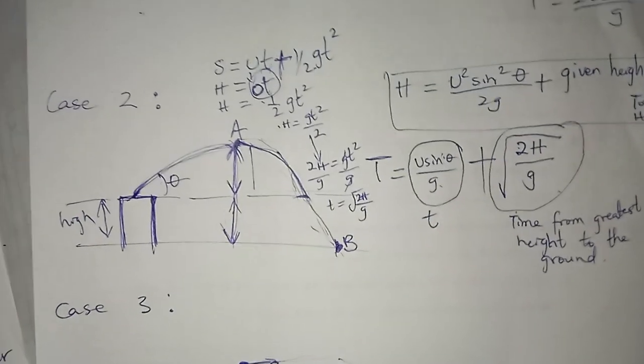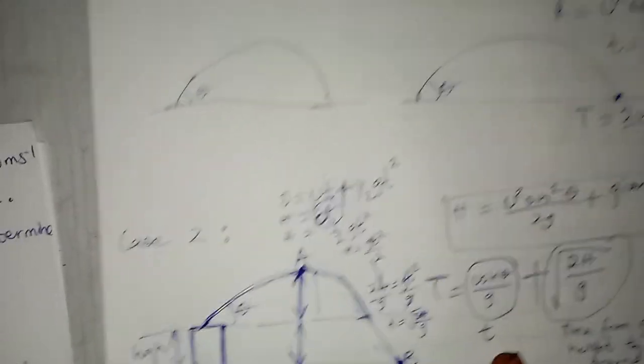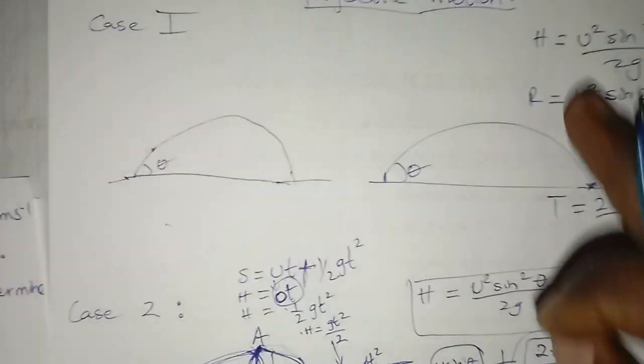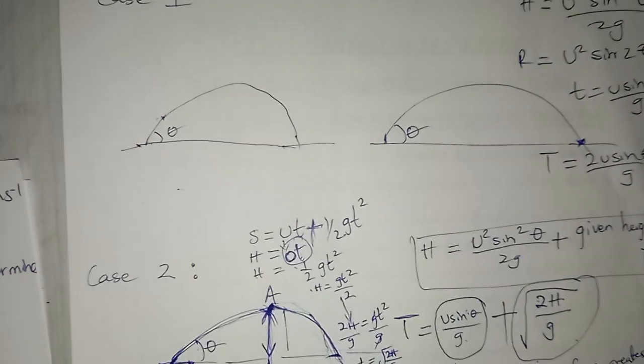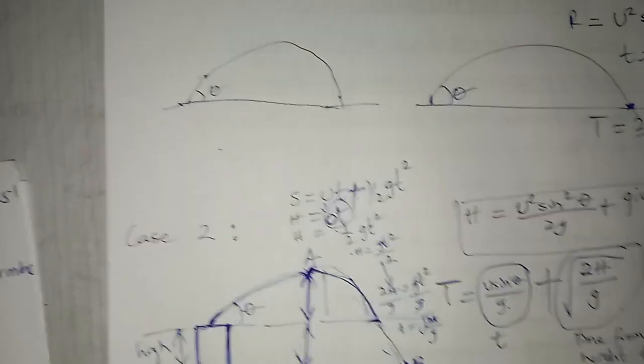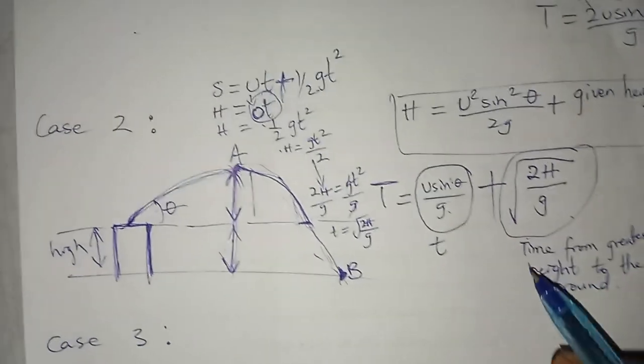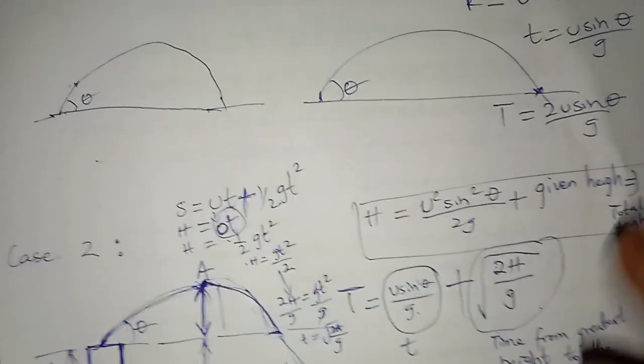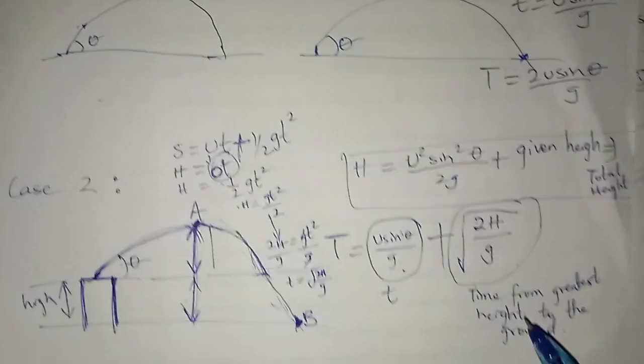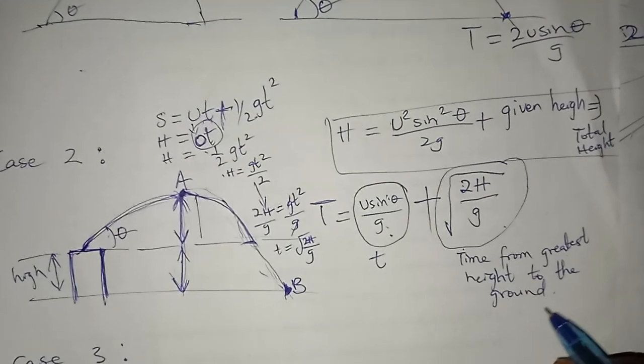Now if they ask you the range in this case, remember we are trying to find height, range, time of maximum height, and then total time of flight, and we've gotten the total time of flight here. So the total time of flight is simply gotten by doing time to reach maximum height plus time from greatest height to the ground.